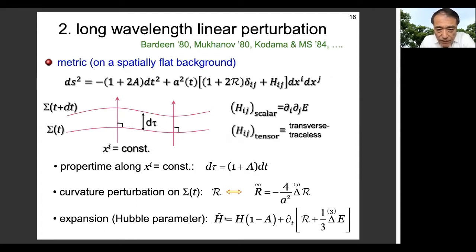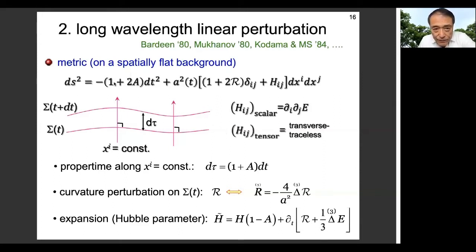You have a perturbed expansion rate of this constant-time hypersurface, and this hypersurface expansion is given by this 1 minus A term, which corresponds to the difference between the proper time and the coordinate time, plus a total derivative term, which is given in terms of curly R and the Laplacian of E. So this is the most important equation.